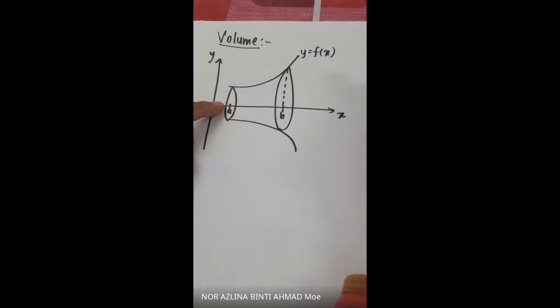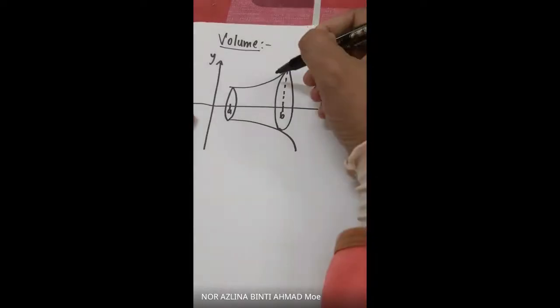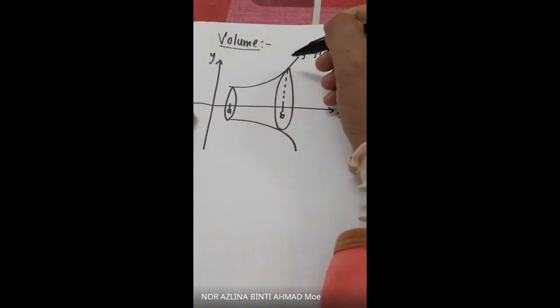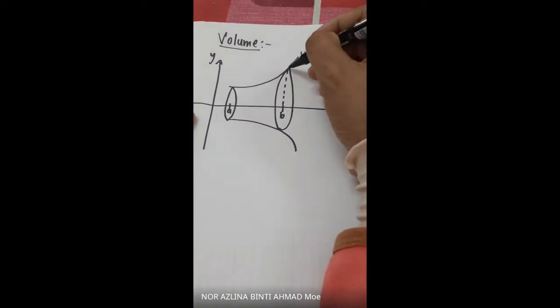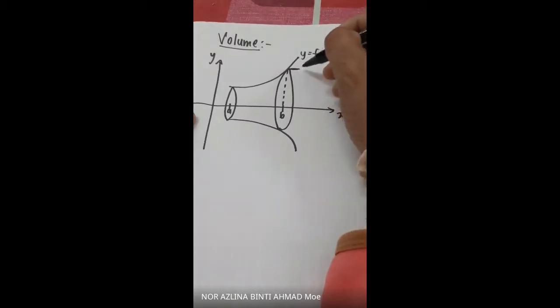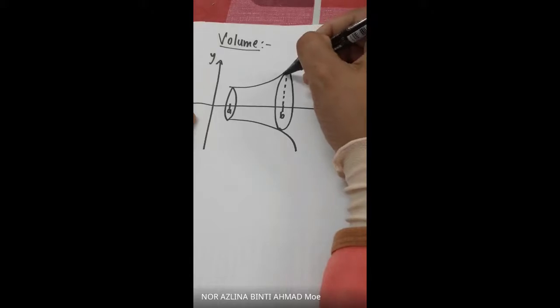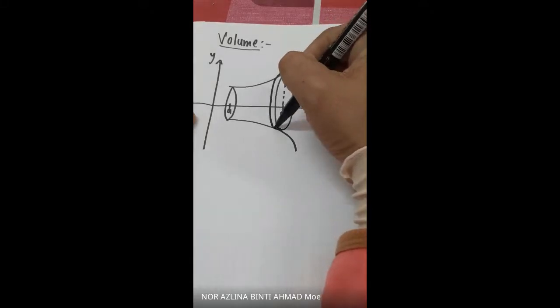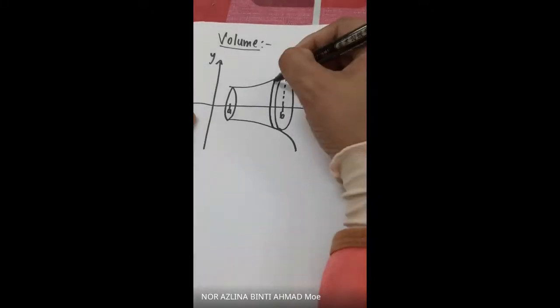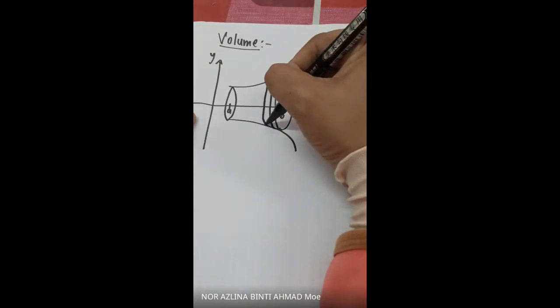So first, we divide the solid into n vertical cylinders. Cylinder tu dia macam ni. Makin lama makin kecil silinder dia.